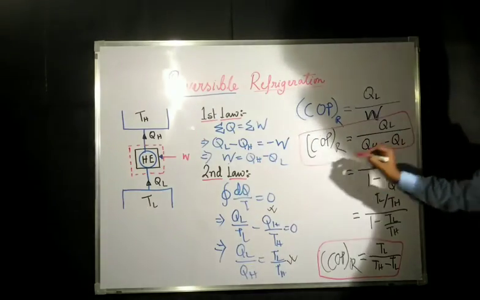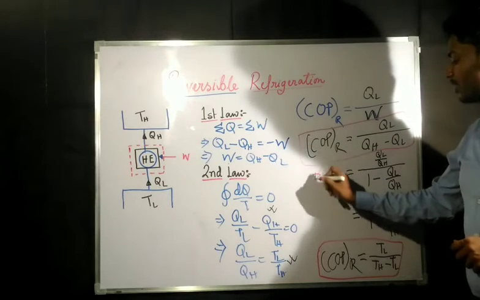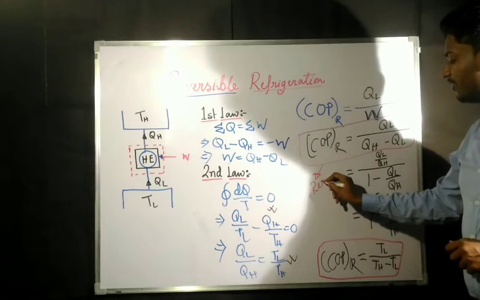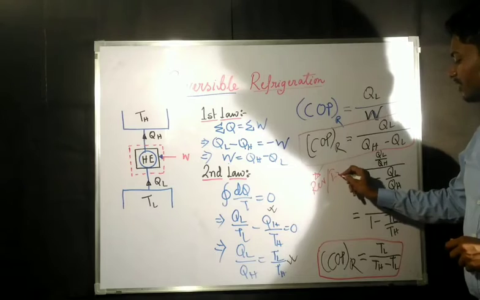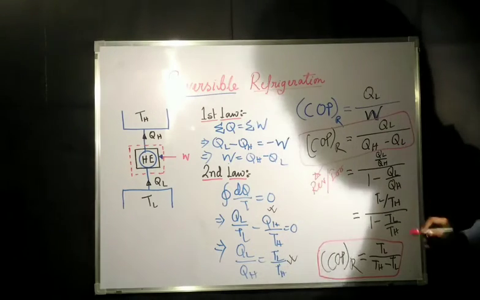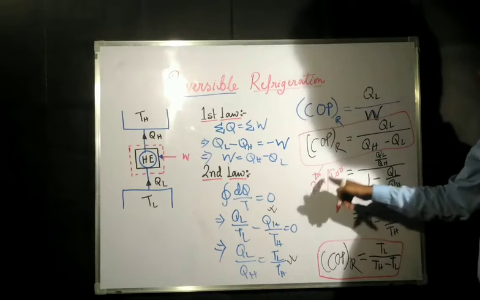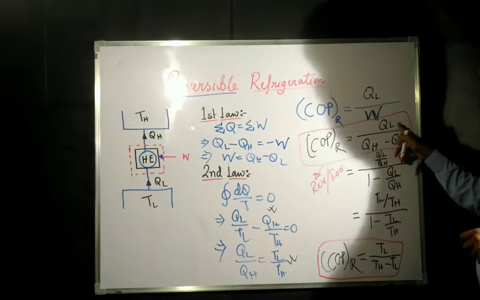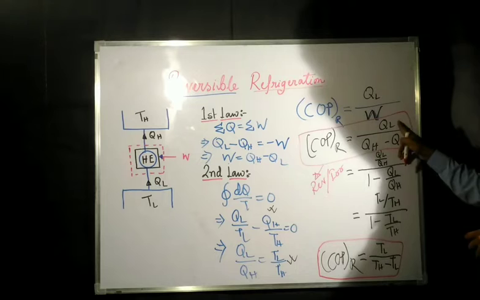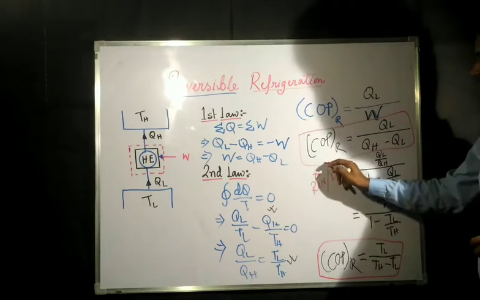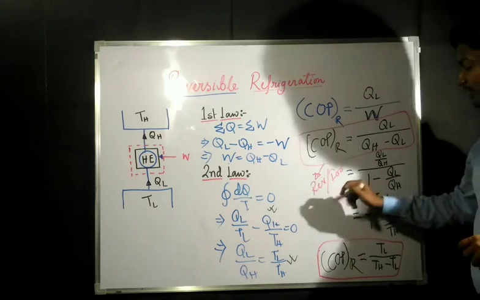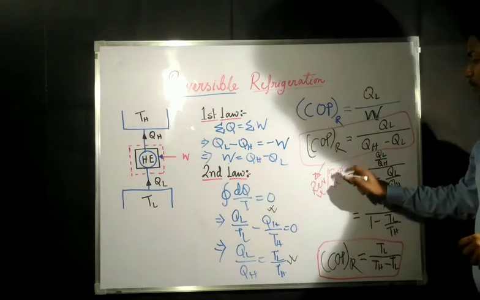Now this formula is going to be equal for either reversible or irreversible. This is applicable for reversible or irreversible. If the heat amounts QL and QH are given, whether it is reversible or irreversible, you can use this formula for both cases.